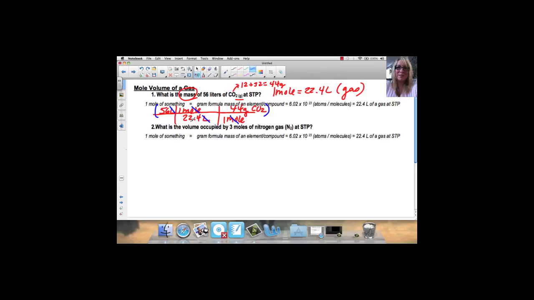And this is going to give me, wait, no, this is grams, I'm sorry. 56 times 44 divided by 22.4 is 110 grams of CO2.